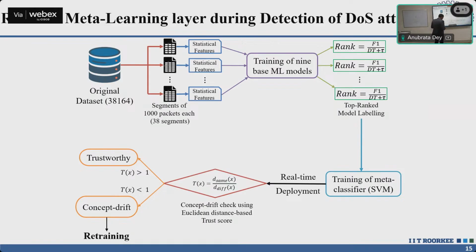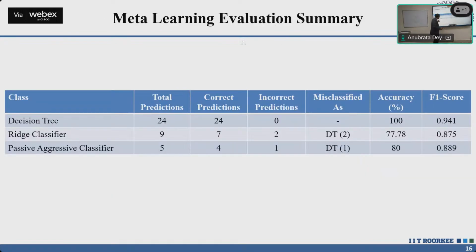If you do that, then we have used, let's say, 24 predictions. The decision tree gives 100 percent accuracy, whereas the other two classifiers misclassified two events for one classifier and one event for the other.